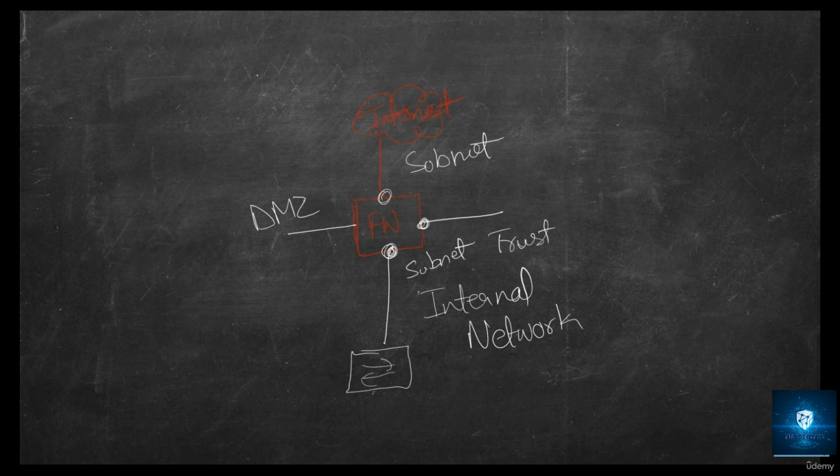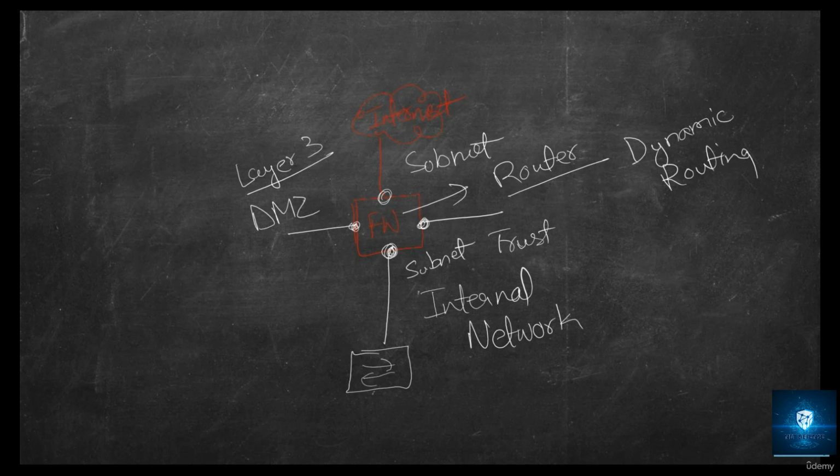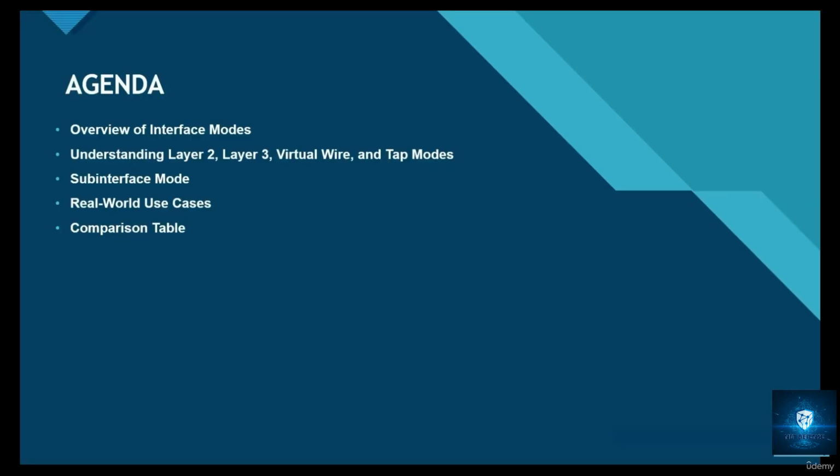Here you see the deployment of the layer 3 mode, where the firewall also does the job of a router. It will hold a routing table and do the routing, and it can support all the dynamic routing protocols, as you have seen. All right, so this is what layer 3 is all about.